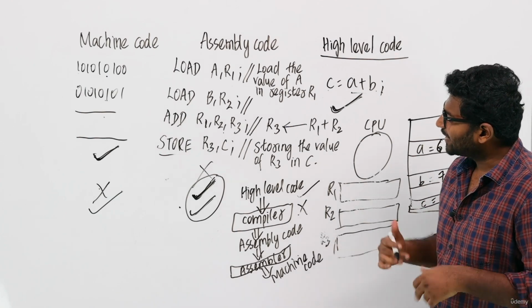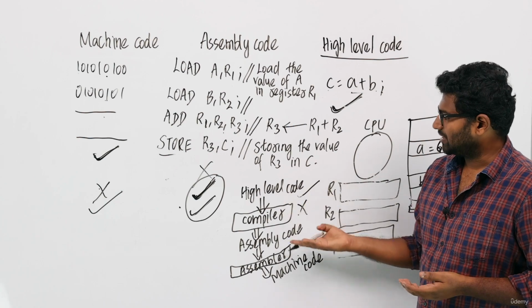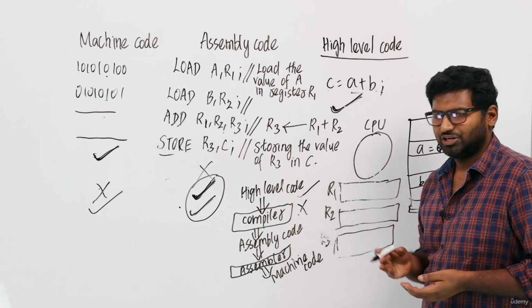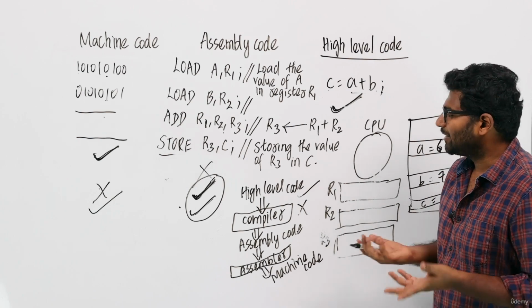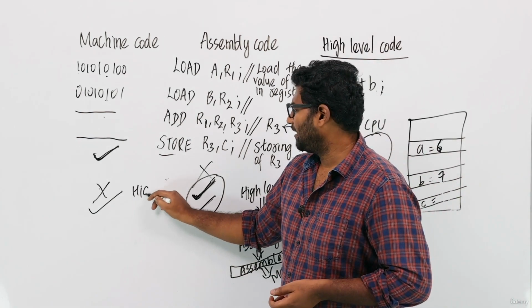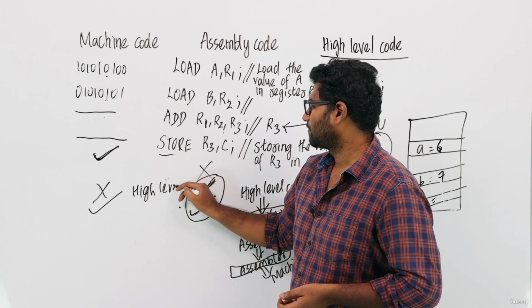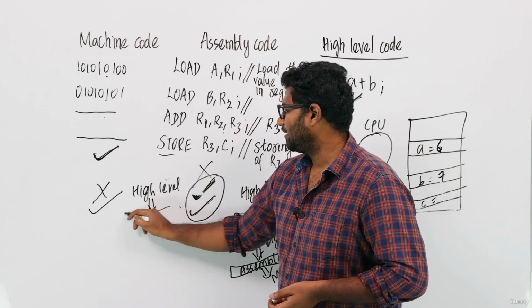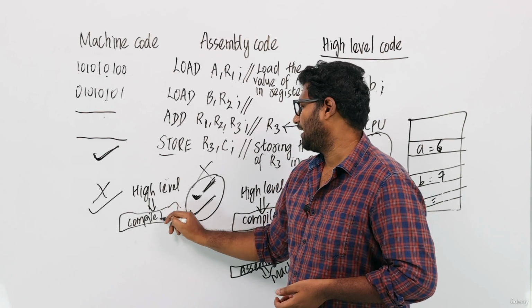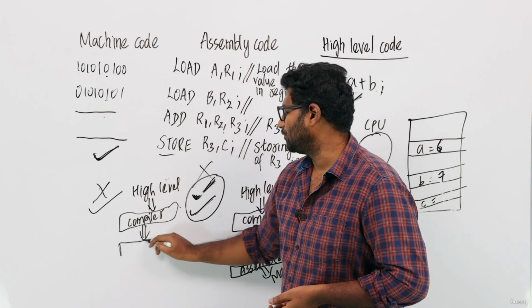In some textbooks, instead of saying that the compiler converts high level code into assembly code and the assembler converts assembly code into machine code, they simply write it as our compiler converts high level code into machine code.